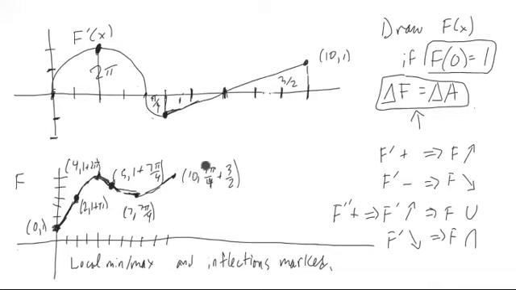So let's figure out what the endpoint is right here. If we go from this minimum, we're just adding three halves on. That's how we get this y value here, since we're just adding the area amount as the change amount of the function. And so we get a nice little graph of f.